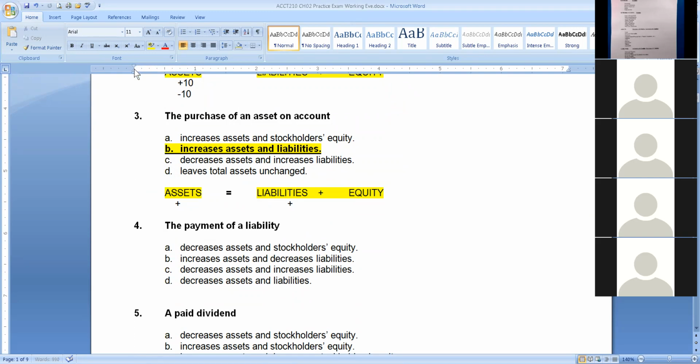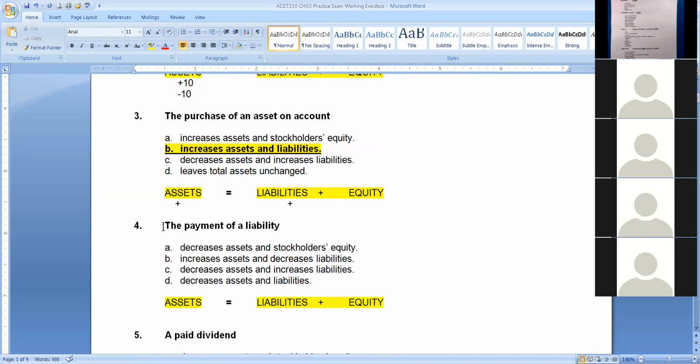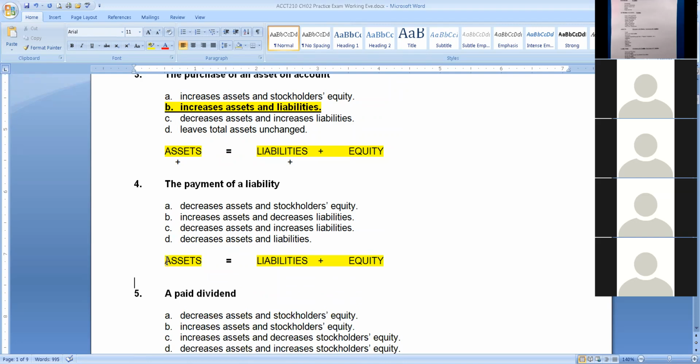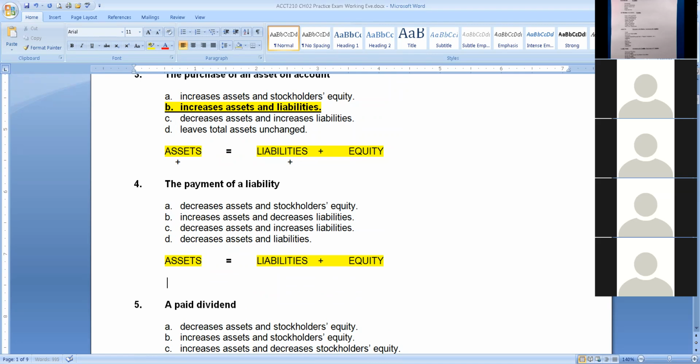Okay, the payment of a liability. Well, what are we going to pay with? With assets, cash probably. So cash is going to go down.